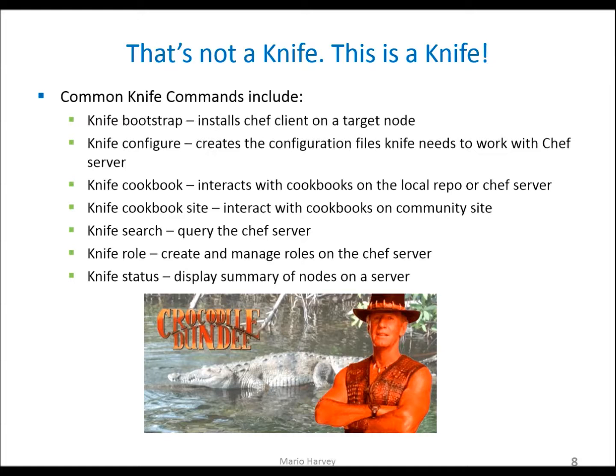Knife search, which queries the Chef server. Knife role, which creates and manages roles on your Chef server. And knife status, which will display a summary of nodes on a server.